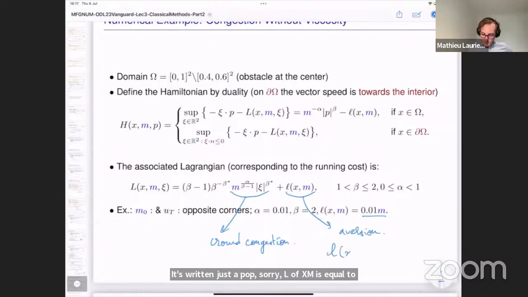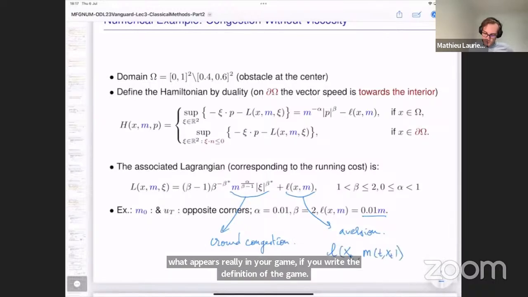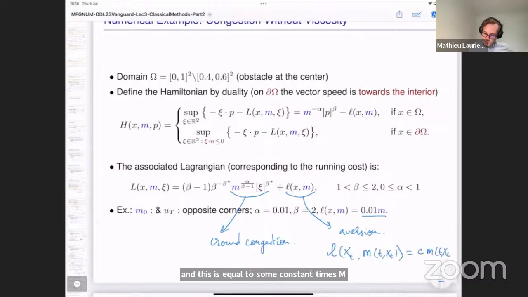So what appears really in your game, if you write the definition of the game, is m of t and x_t in the running cost. This is equal to some constant times m of t and x_t, meaning you pay your cost when m is large at your location, whether you are moving or not.